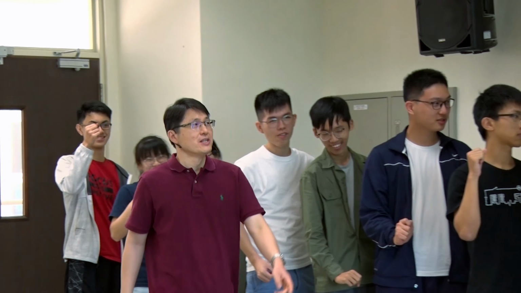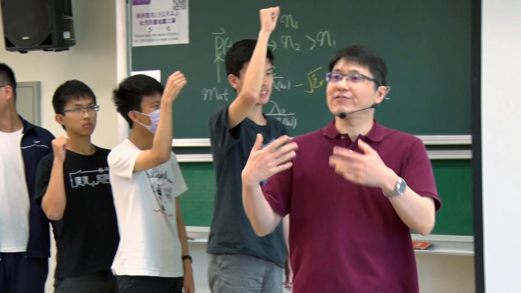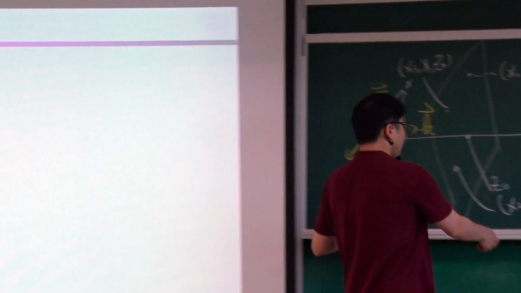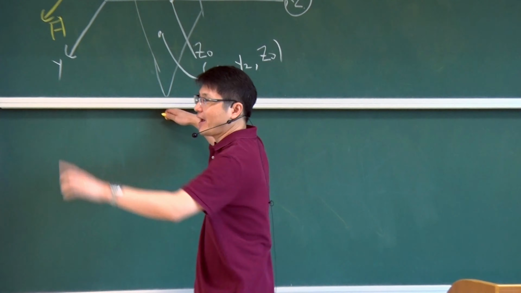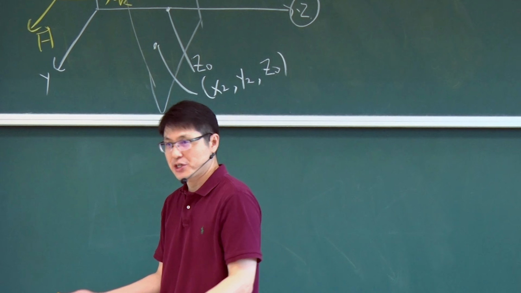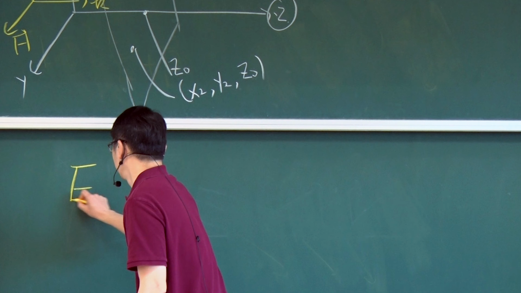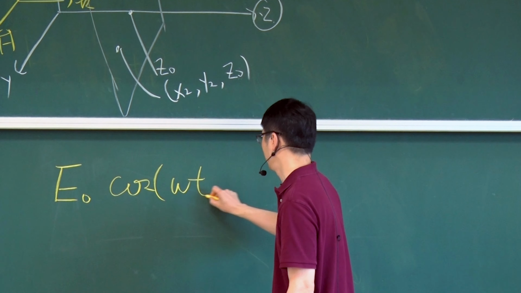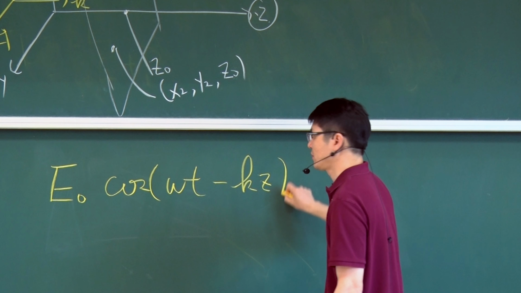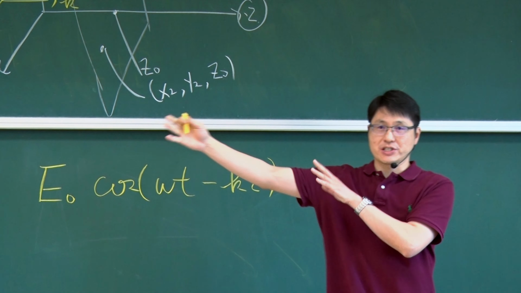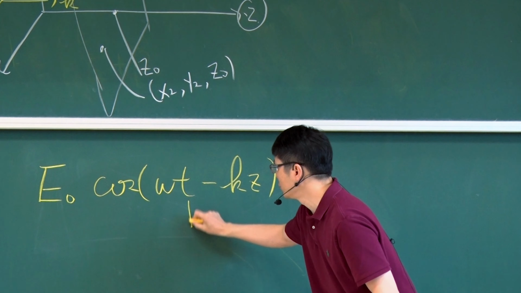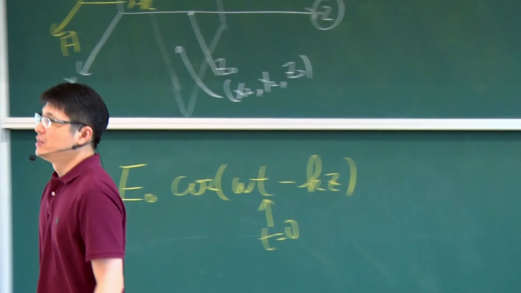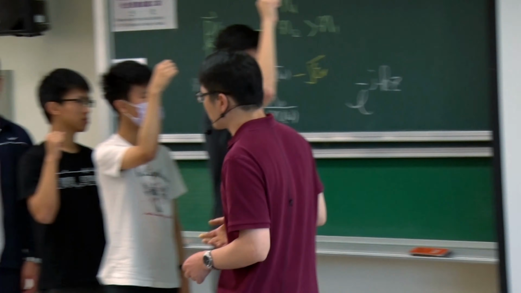So their hands reflect the amplitudes of the E field. Now you are looking at their hands, as if you took a picture. They're stationary, frozen, so t is equal to 0. What you see is the spatial behavior.